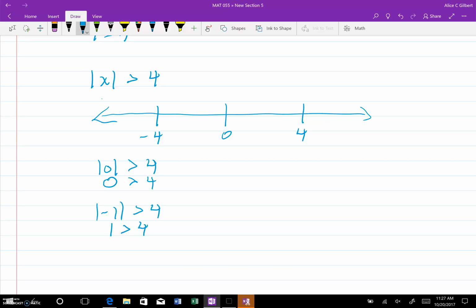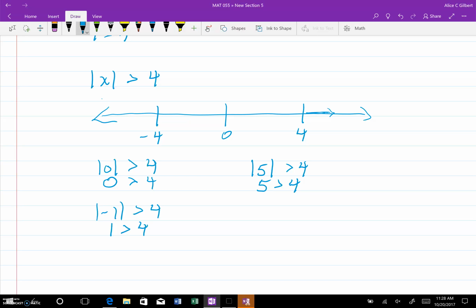Let's try something on the other side of 4. Let's try 5. What if x is 5? The absolute value of 5 is 5. And is 5 greater than 4? Yeah. So that means that going in this direction, because I could do 6, 7, 8, they would all work.